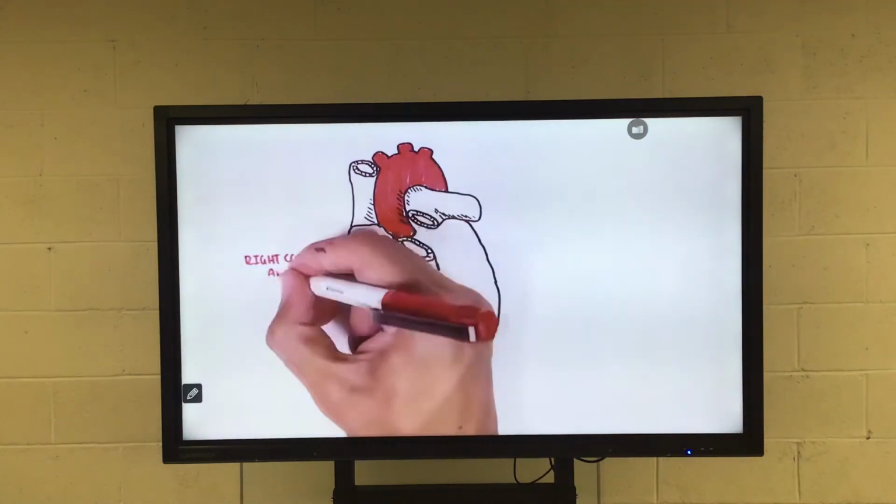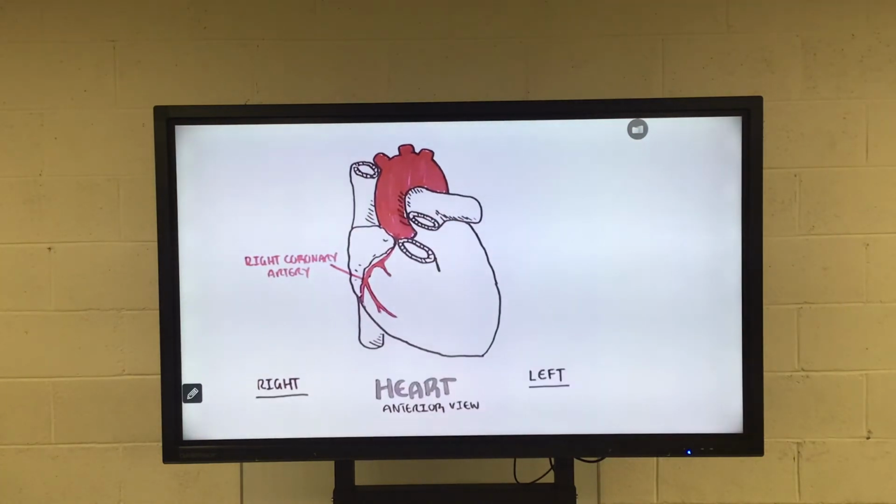Concentrating on the right coronary artery, it will divide into the right posterior descending artery that goes around the back, and we have also the acute marginal artery, the small branch that you can see in the front. And these arteries from the right coronary artery will supply the right atrium, the right ventricle, and the sinoatrial and atrioventricular nodes, which are the conduction systems of the heart.